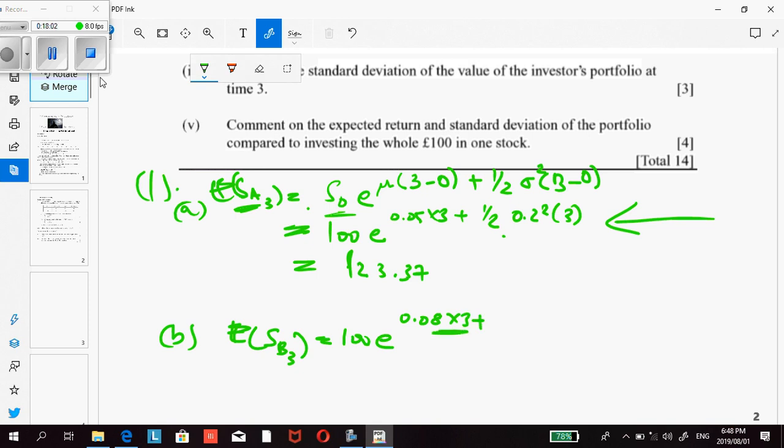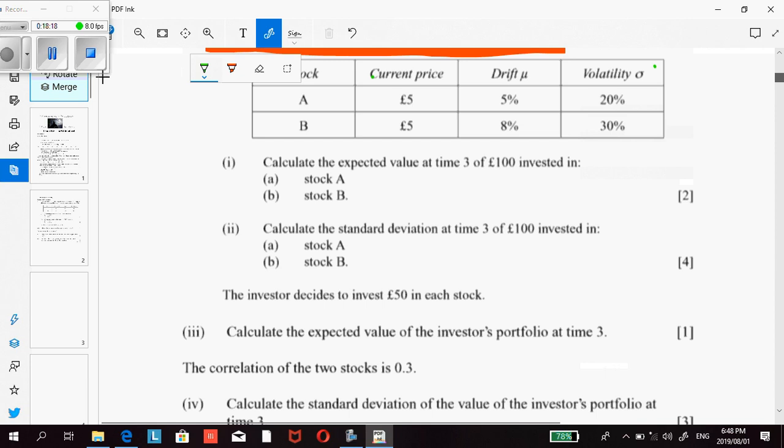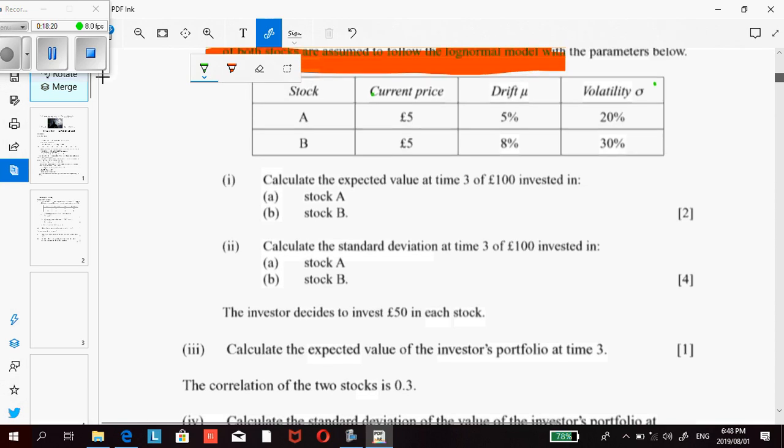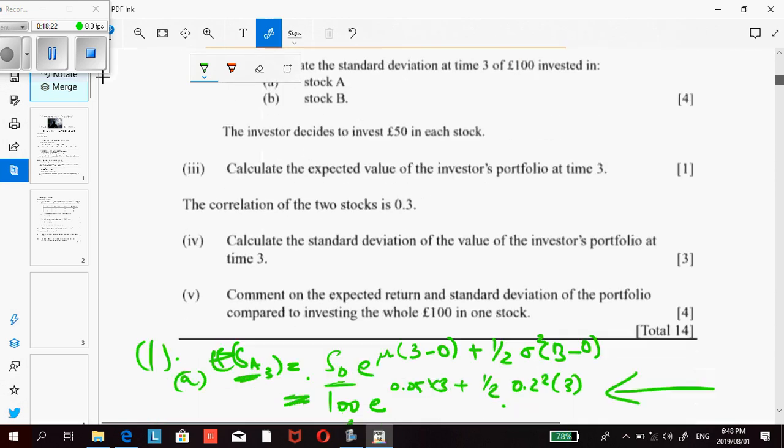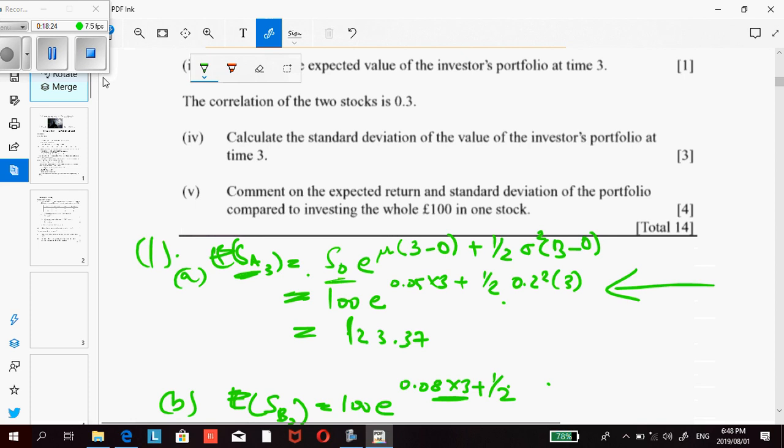Remember, 3 minus 0: your 3 is t and your 0 is your u, your final time minus your initial time. Plus your half sigma squared. Now your sigma for stock B is 30%, which is 0.3, so I'm going to have 0.3 squared multiplied by 3.